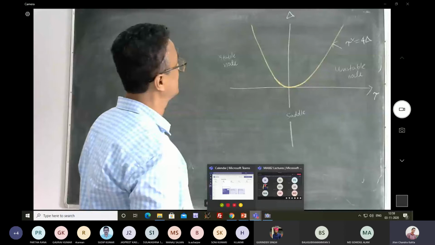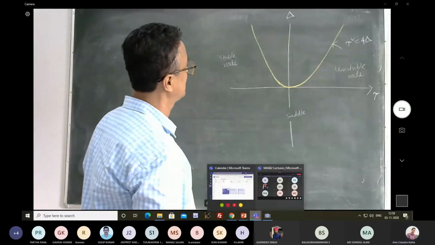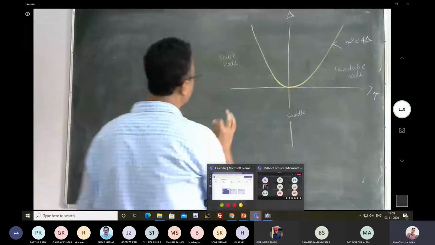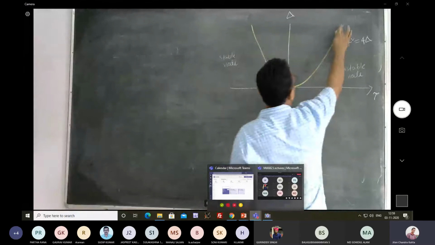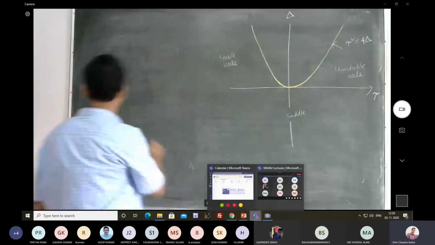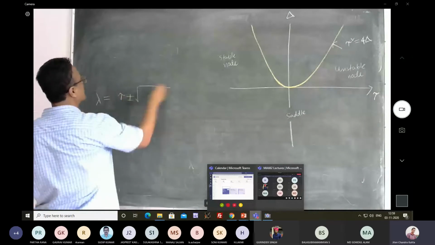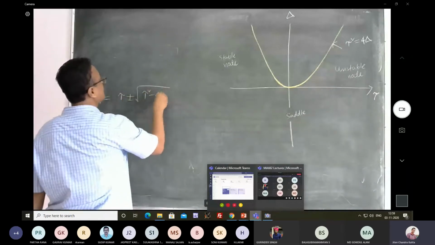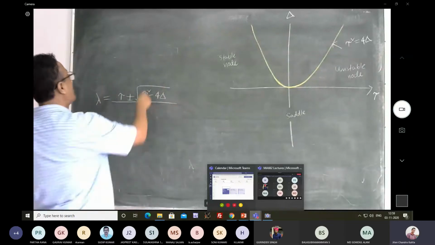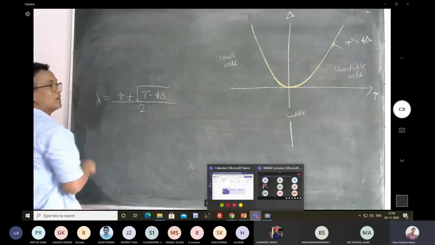Now let us concentrate on the yellow line, where tau squared equals 4 delta. Your lambda was tau plus or minus the square root of tau squared minus 4 delta, divided by 2. Once this becomes 0, you are going to have equal roots.